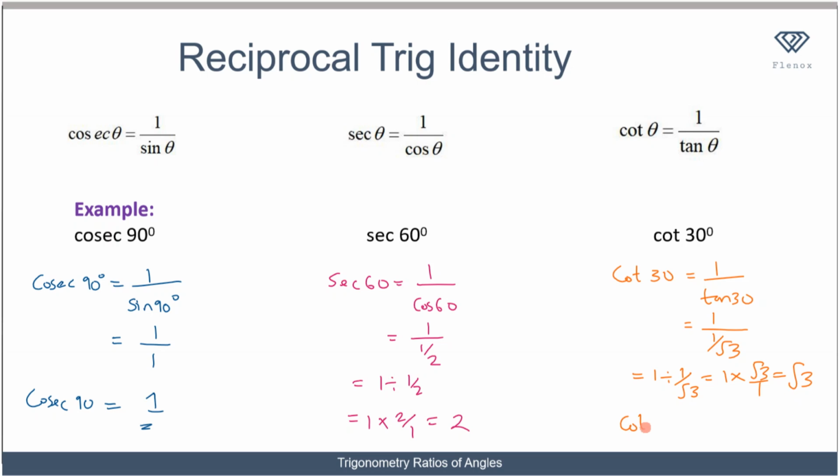So cot 30 degrees is equal to root 3. And in decimal, that is the same thing as what? 1.732. So this pretty much sums up all you need to know in terms of trigonometry ratios.